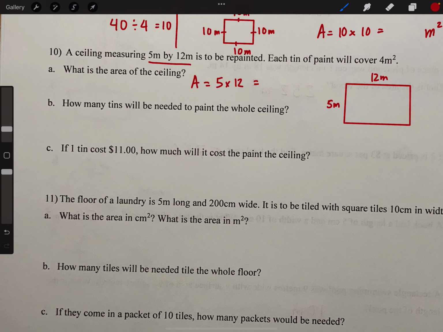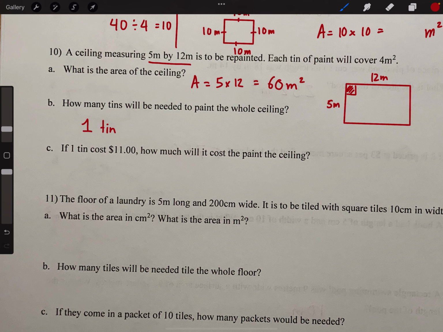Question B. How many tins will be needed to paint the whole ceiling? So I'm going to help you with this one. The answer to question A is going to be 60 meters squared. Question B says how many tins? Now, 1 tin will cover 4 square meters. So imagine this is about 4 square meters.